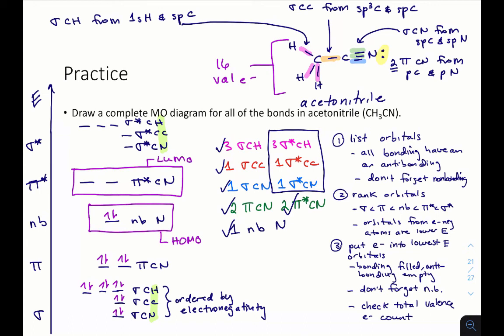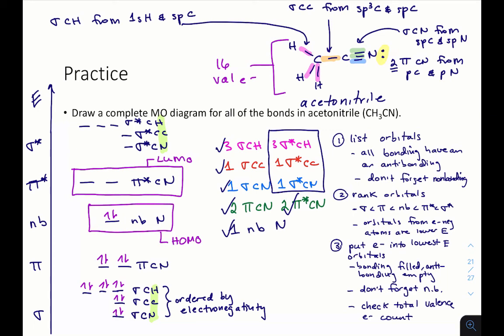And so maybe now you see why they're called frontier molecular orbitals. They're on the edges. The LUMO is the lowest energy, on the edge of the antibonding and empty orbitals. And the HOMO is on the edge, the end of the bonding orbitals. So frontier molecular orbitals.